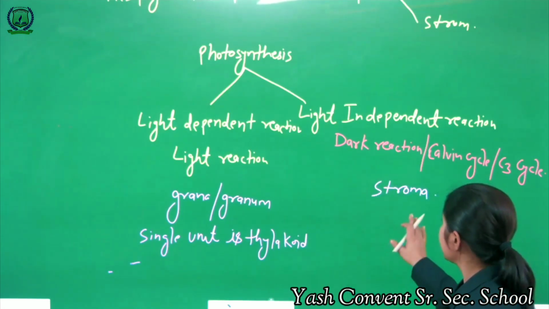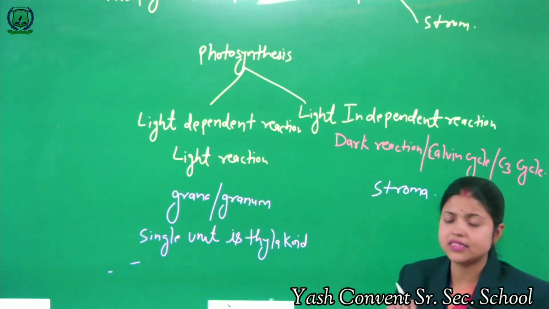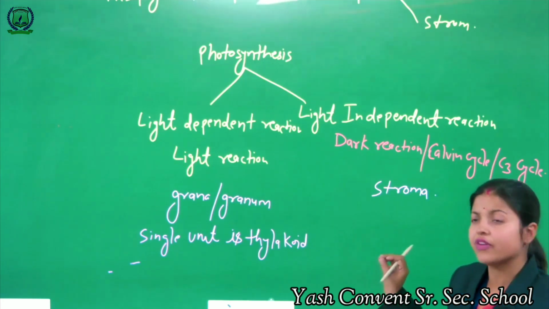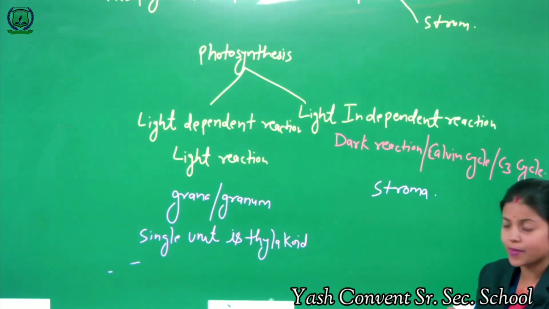And stroma is the viscous liquid of the chloroplast.